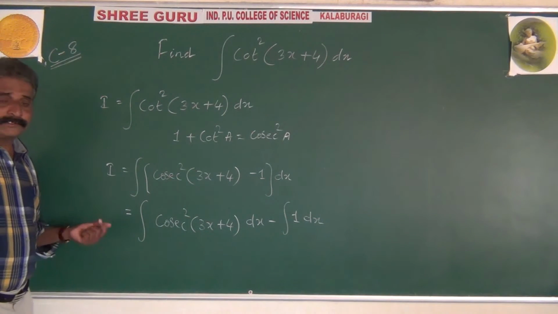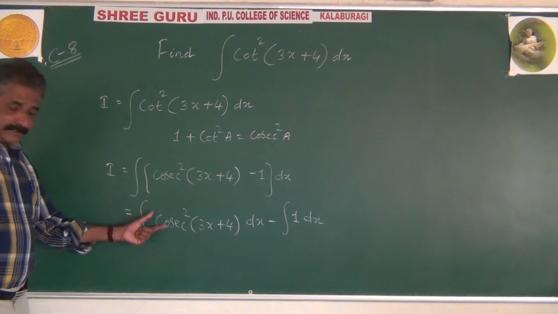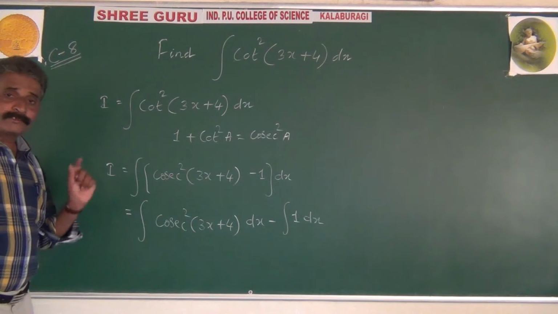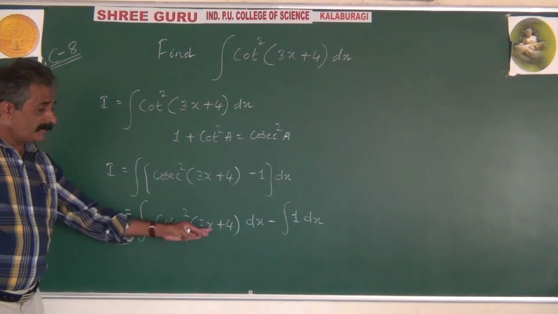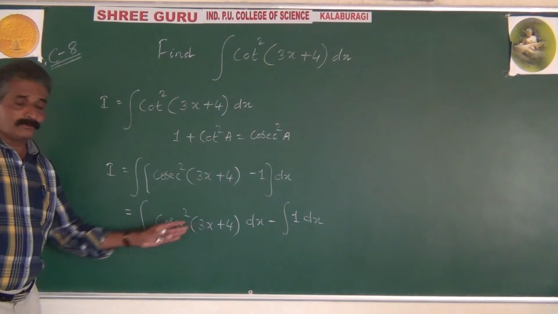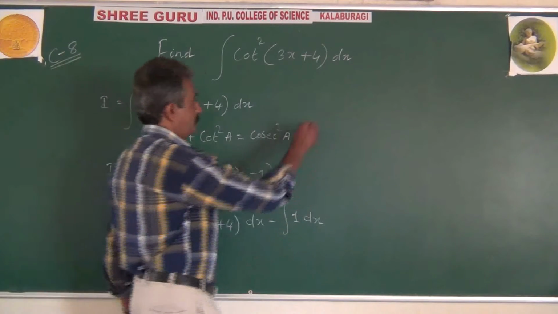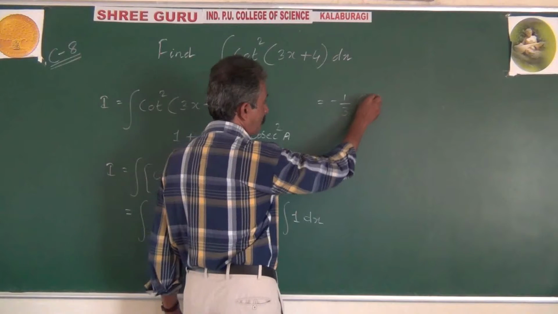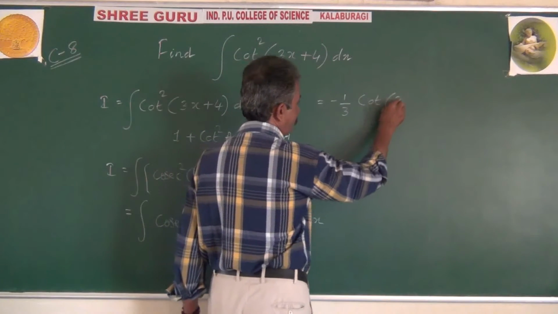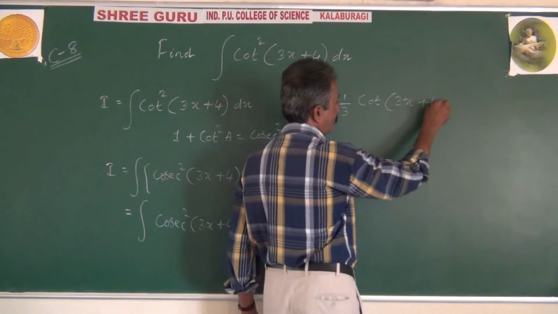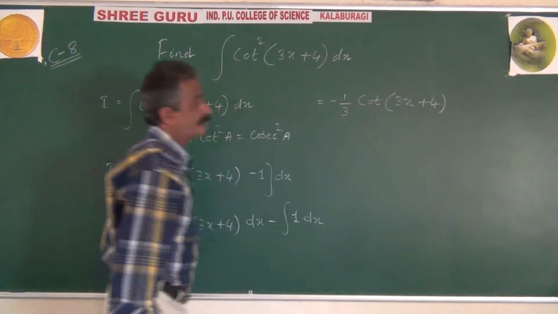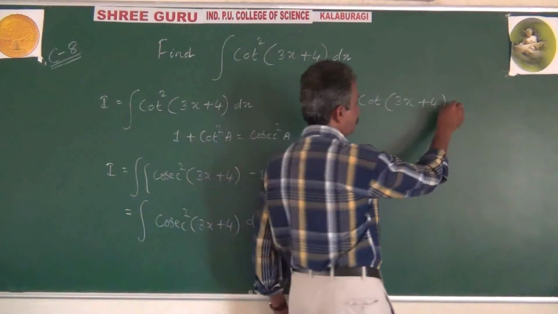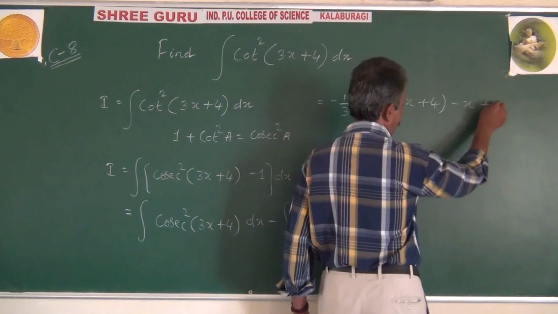Now applying the direct integration formula: integration of cosec square angle is minus cot angle divided by coefficient of x. Here coefficient of x is 3. So that is minus 1 by 3 into cot of 3x plus 4. Minus integration of 1 dx is x plus constant.